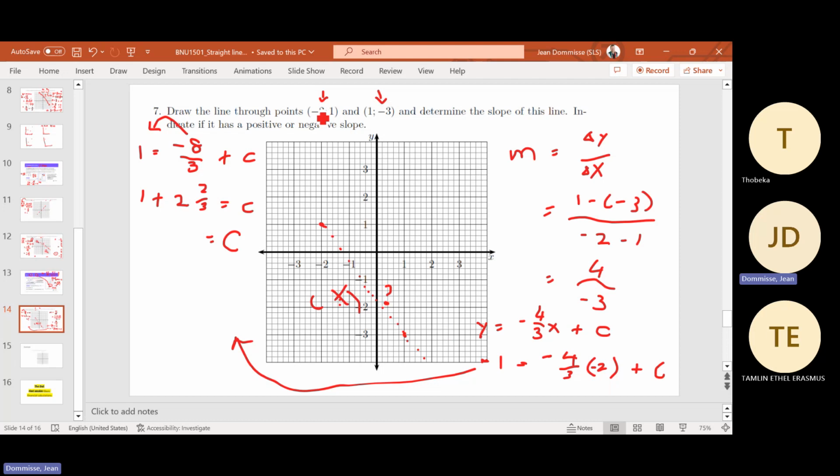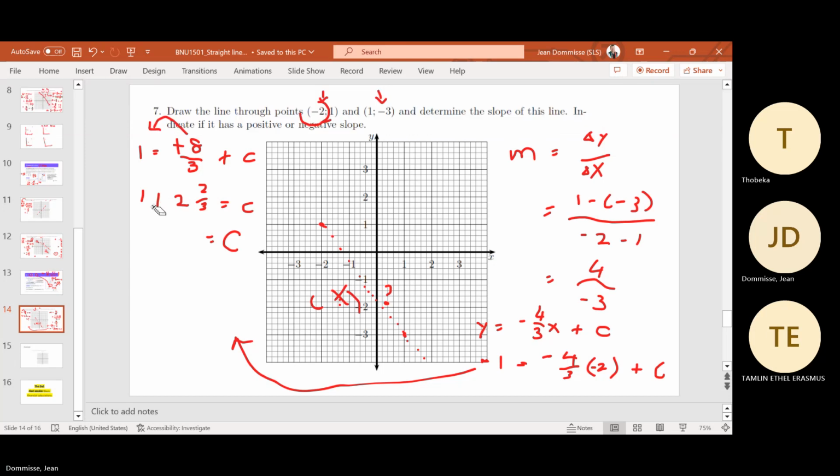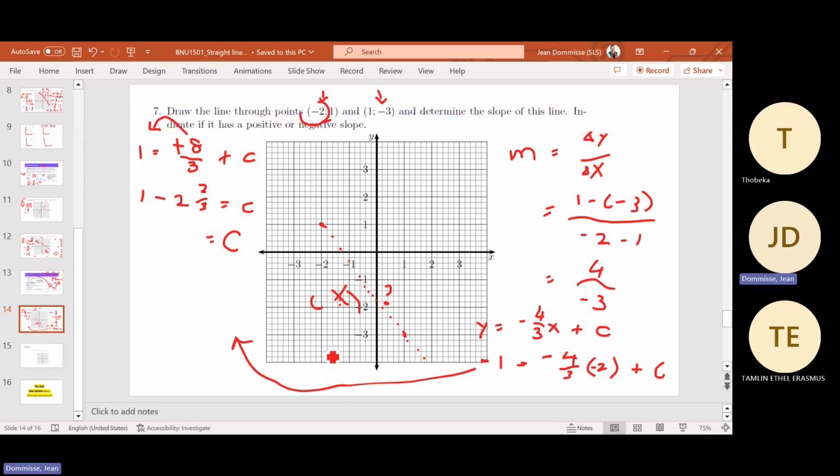So it should have been negative 2 as for x and not positive. So then on this side was actually plus 8 over 3, which then becomes negative on the other side when we take it over. So it will be negative 1 and 2 over 3. Okay, which is somewhere there.